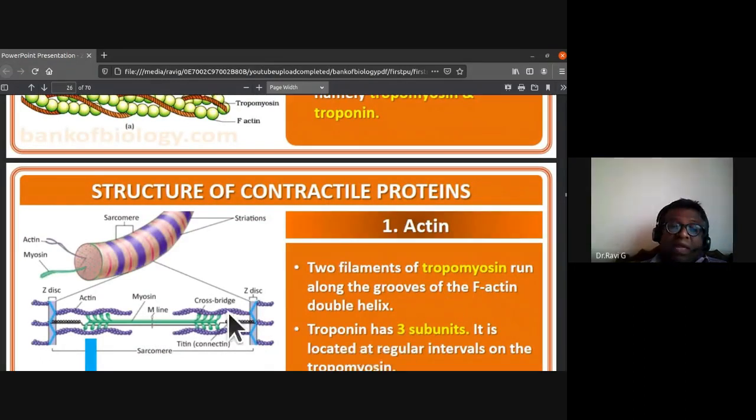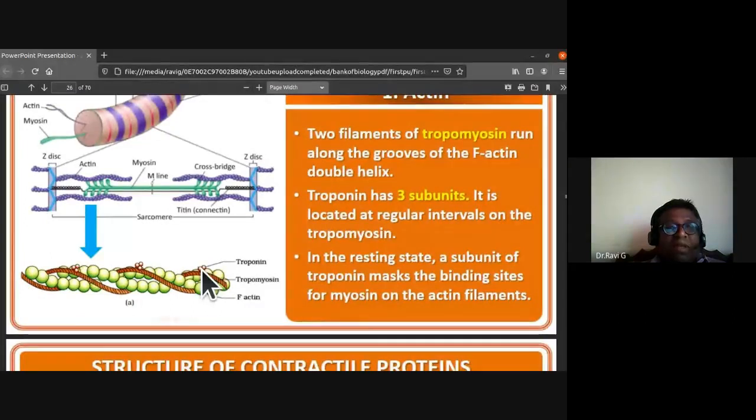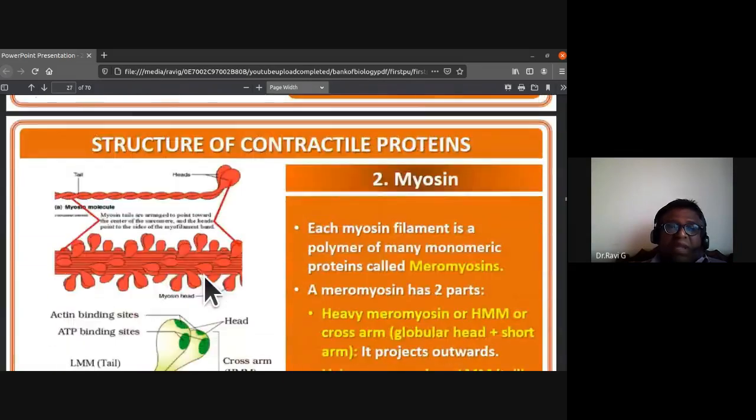Troponin has three subunits. It is located at regular intervals on the tropomyosin. In the resting state, a subunit of the troponin masks the binding site for myosin on the actin filament. Okay. Next, we'll discuss myosin.